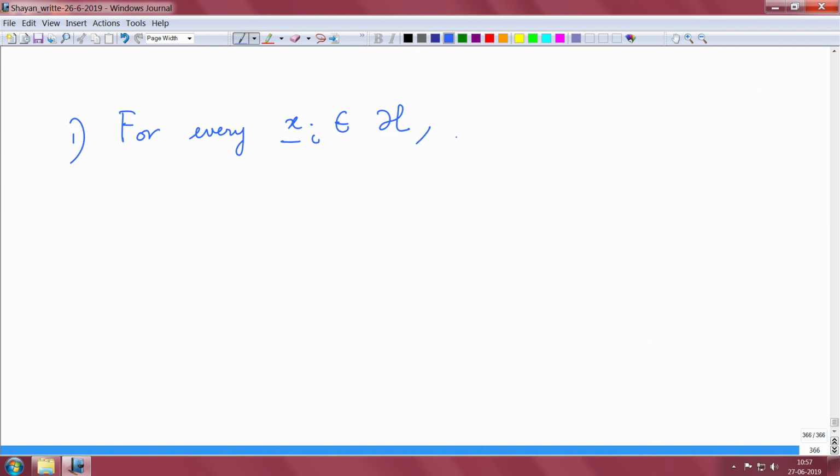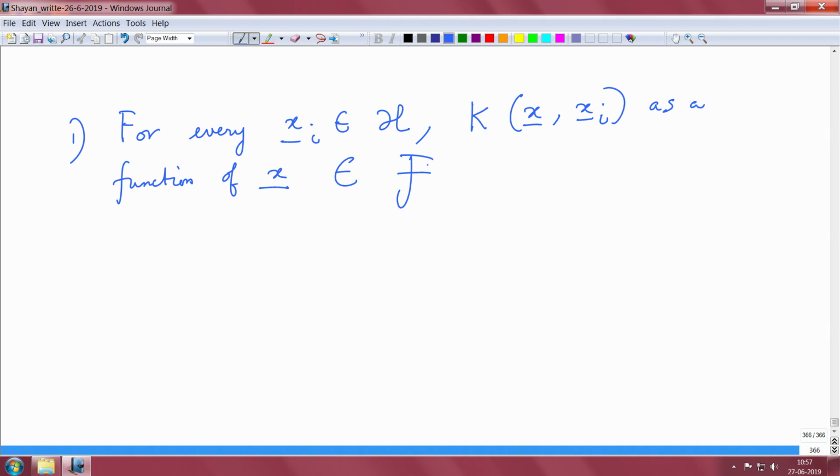For every x_i belonging to this Hilbert space, the kernel with arguments x and x_i, as a function of x, belongs to the space F, which is an inner product space, and it satisfies the reproducing property.